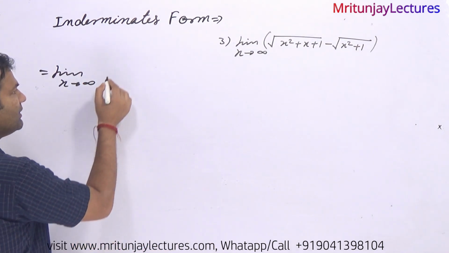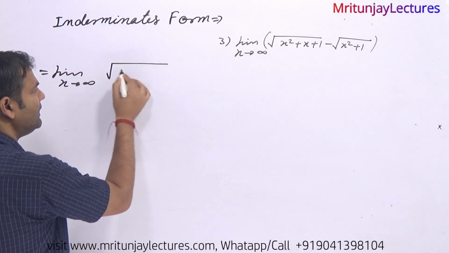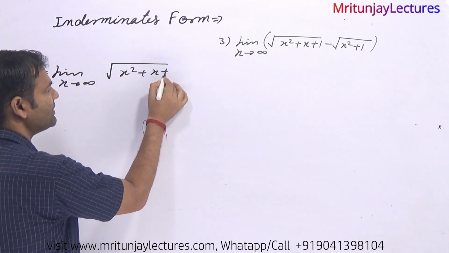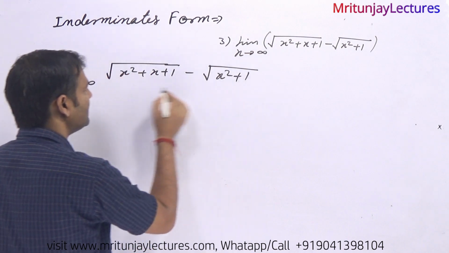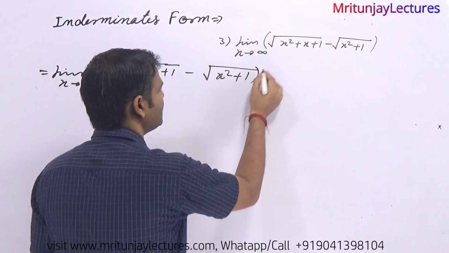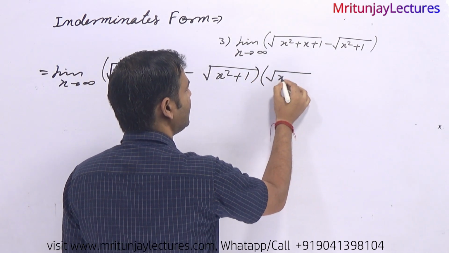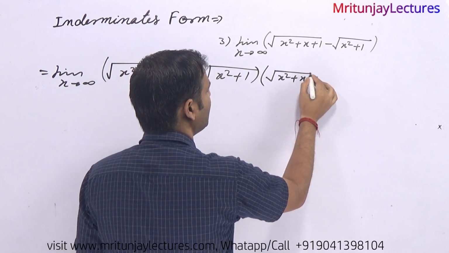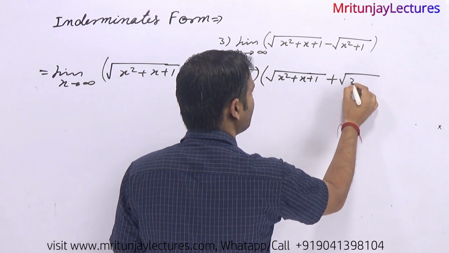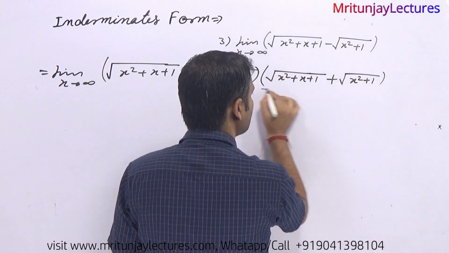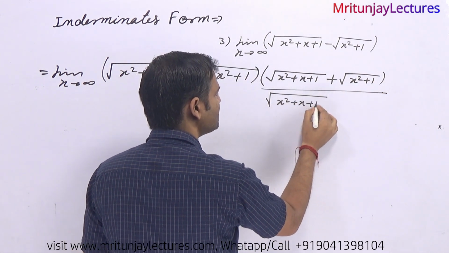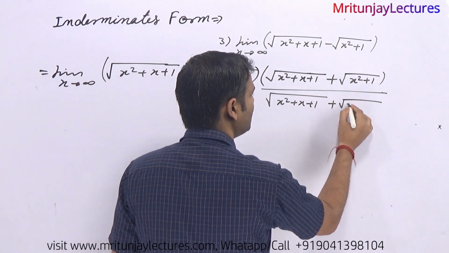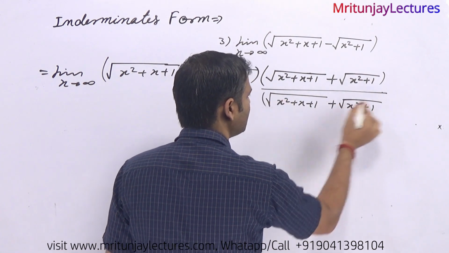So again, we write under root of x square plus x plus 1 minus under root of x square plus 1, and now rationalize by multiplying by under root of x square plus x plus 1 plus under root of x square plus 1, divided by the same.